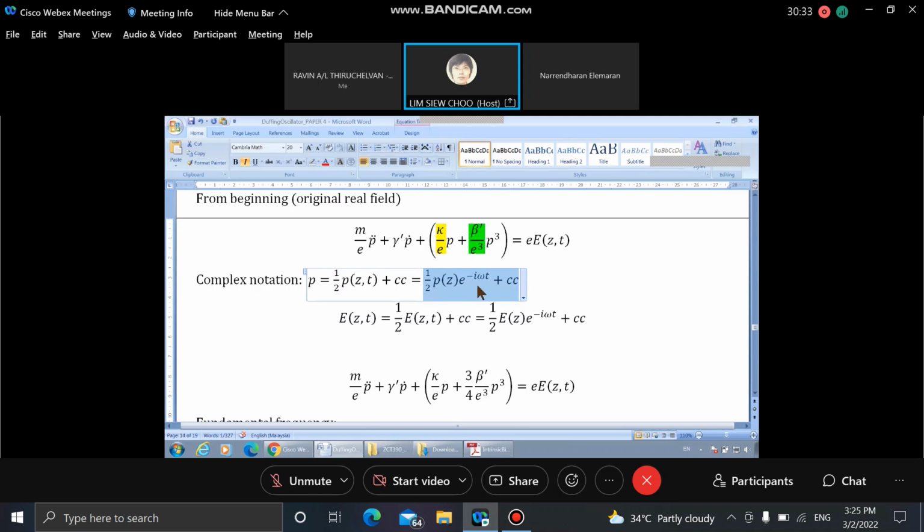But there are 3 terms which will carry this time dependence, because you have p multiplied with another p and multiplied with the conjugate of p. So this one you multiply with its conjugate and multiply with this. So at the end you get back this time dependence.